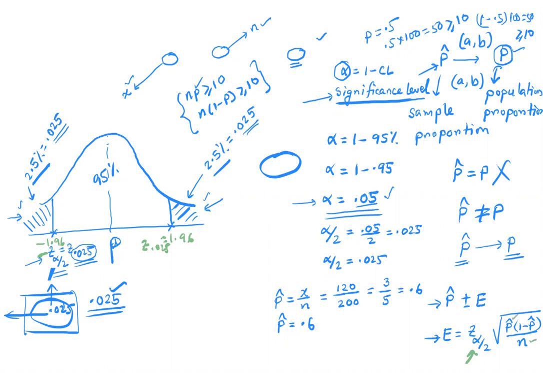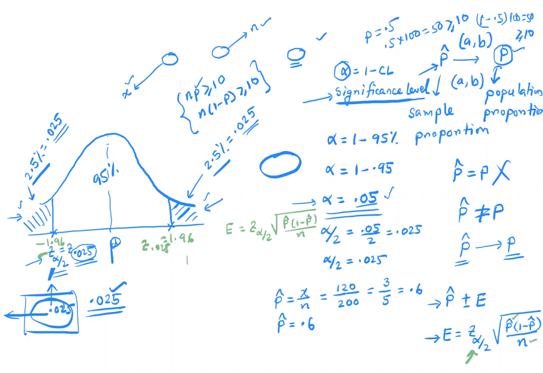So you found the z sub alpha over 2, and you found the p hat, you have the n, you have everything. So you just calculate the margin of error. E is equal to z sub alpha over 2 times the square root of p hat times 1 minus p hat, all of it divided by the sample size.